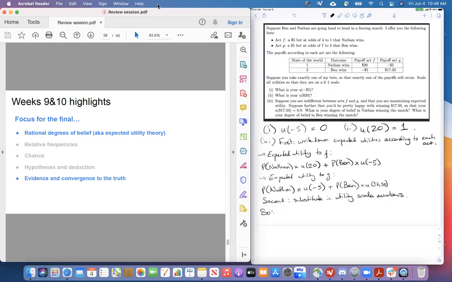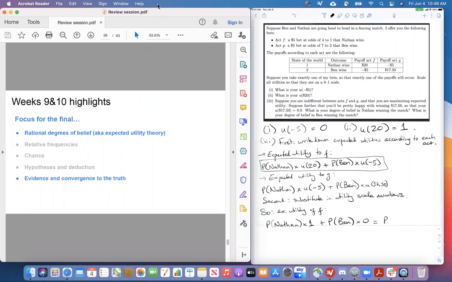So expected utility of F becomes, we're going to rewrite this thing here, degree of belief in Nathan times 1, that's U of 20, plus degree of belief in Ben times 0, that's U of -5.